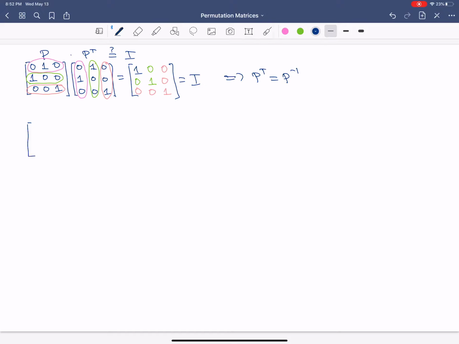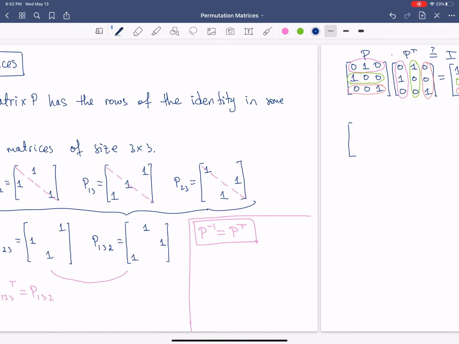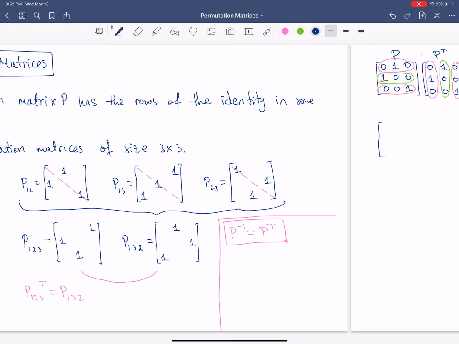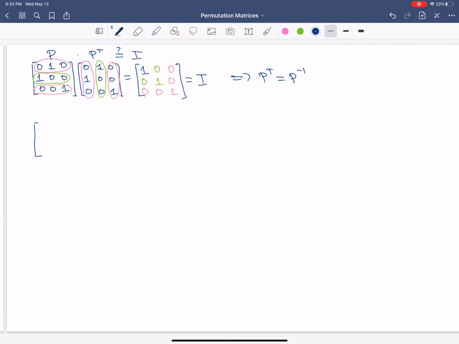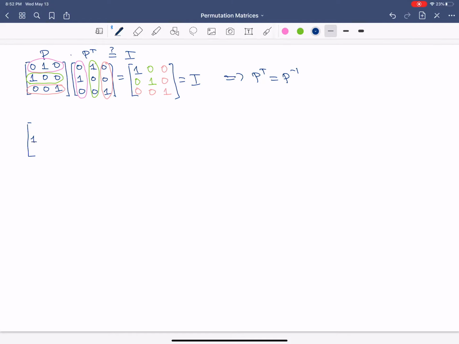Let's do one more example where we take this, let's say P1, 2, 3, where we have a 1 here, a 1 here, and the 1 here. I'll add the zeros just so we can see better.